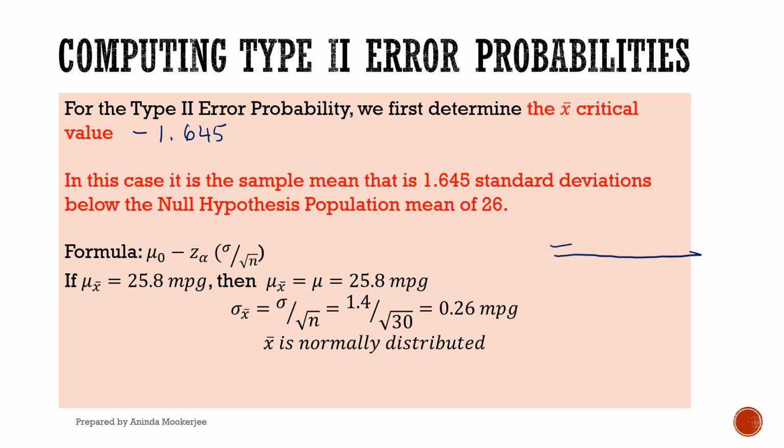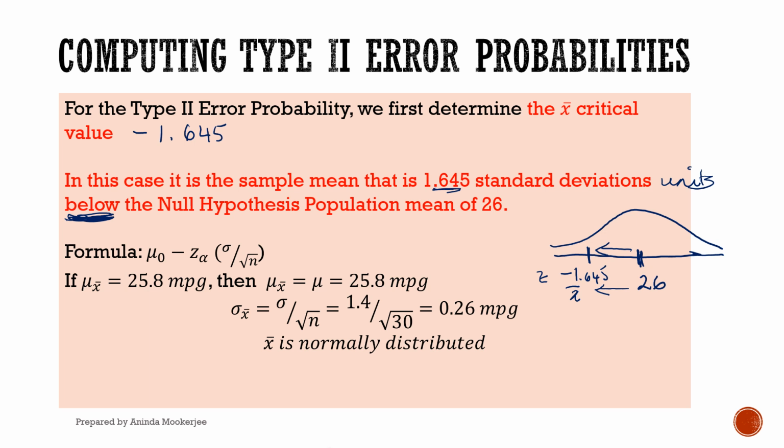What it means by below the null hypothesis population mean is just this. We have our curve, and our center point is here at 26, and the X bar value is 1.645 units below the null hypothesis mean. Because it was a negative 1.645 Z value, we have to find a corresponding X bar value, which is 1.645 standard deviation units below because it's on the left hand side. That's why we use the word below.